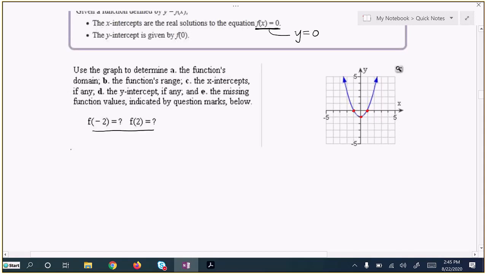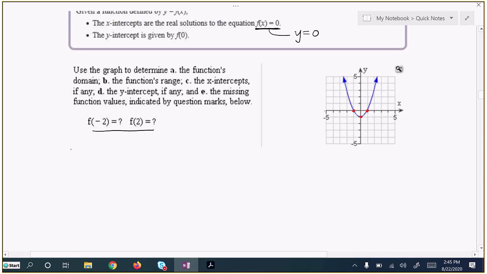So first of all, how do I know this is a function? Well, I can look at the picture, and the question that I'm asking myself is, for each x in the domain, and it looks like the domain here is all real numbers because this arrow indicates that it keeps going off to the left, keeps going off to the right, so any real number can be plugged in as an input.